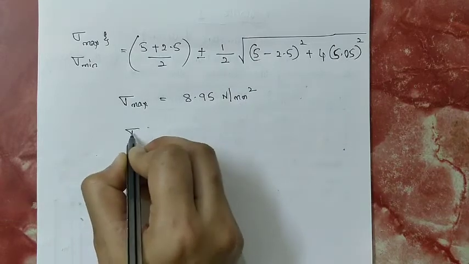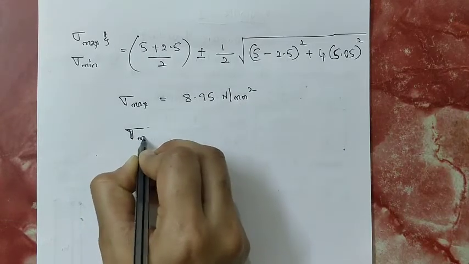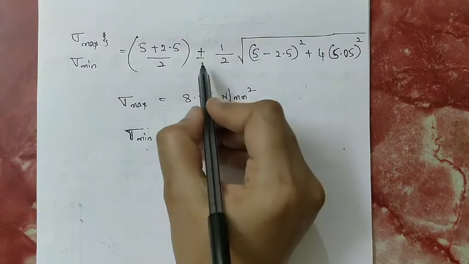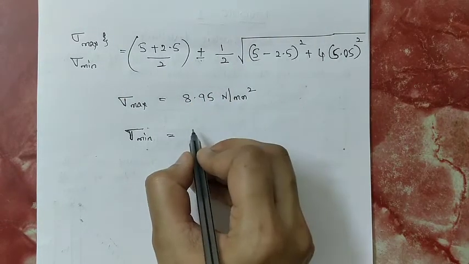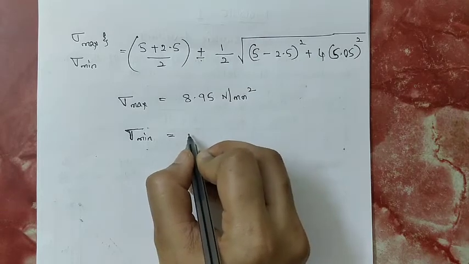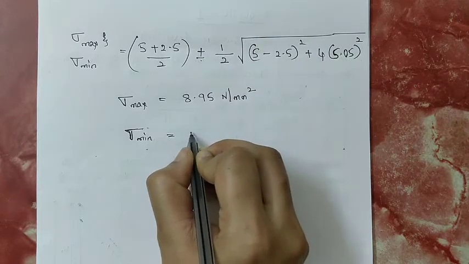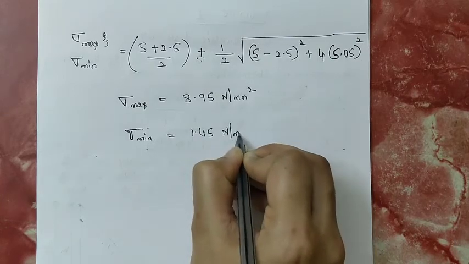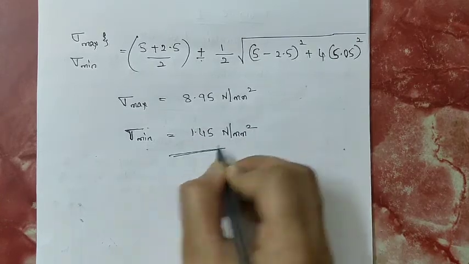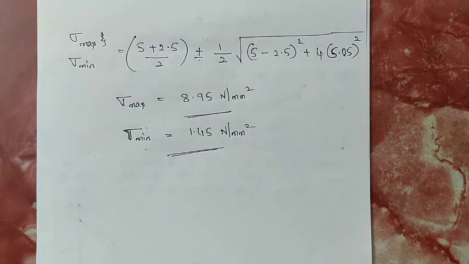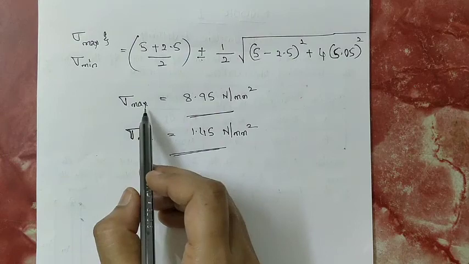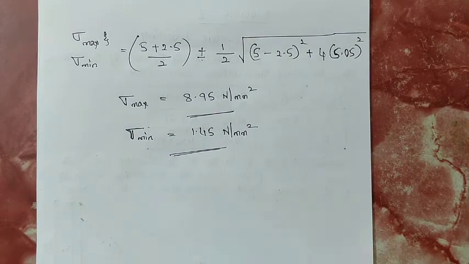Next, sigma minimum, that will be equal to, when it will be minimum, in this equation if you consider negative sign, it will be minimum. Okay, upon simplification you will get it sigma minimum as 1.45 Newton per mm square. Okay, this is what sigma max and sigma minimum. That is what nature of the principal stresses, that is sigma max and sigma minimum. Thank you.